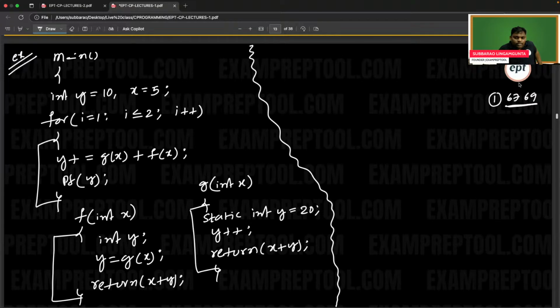Vijayamani is saying 66, 70. I don't think so. Anyhow, I am writing. Can you say the answer? You people say the answer, then only I will say the answer.